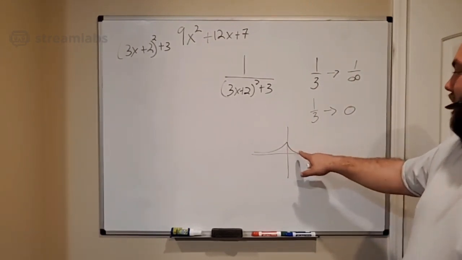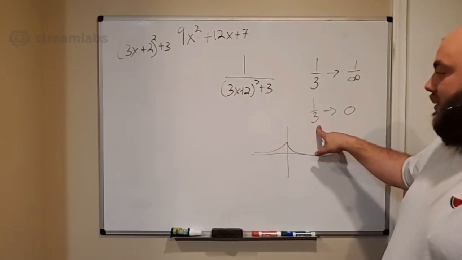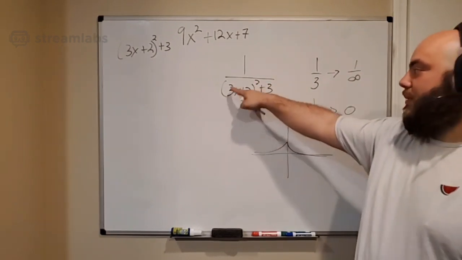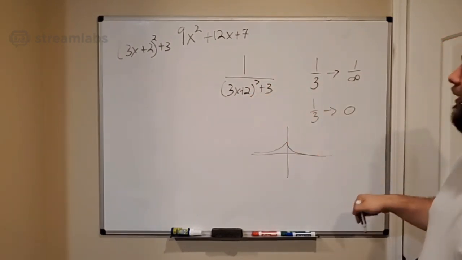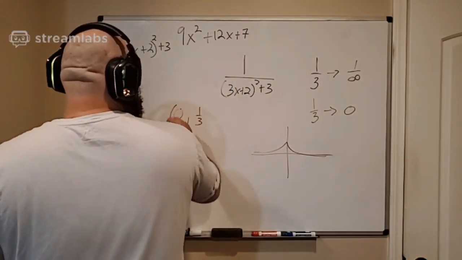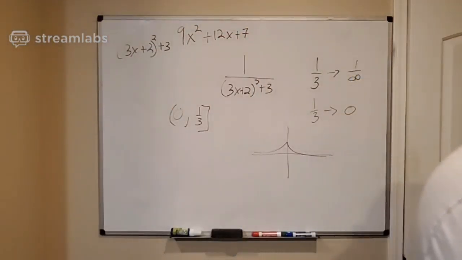The biggest value is going to be 1/3, and then as x moves to the left or to the right, the denominator gets bigger, so it's going to slope down to 0. So your range is (0, 1/3], with a parenthesis on 0 because it never actually reaches 0, and a bracket on 1/3 because it does actually reach 1/3.